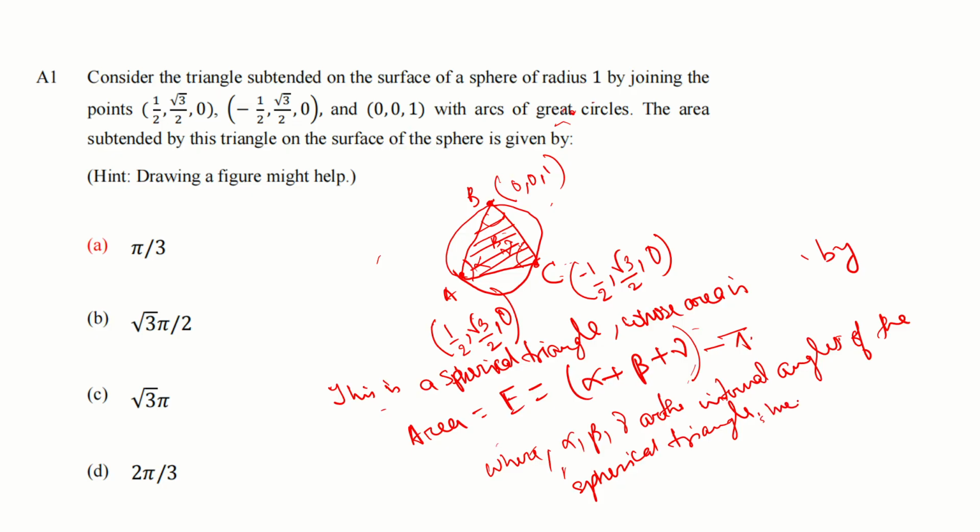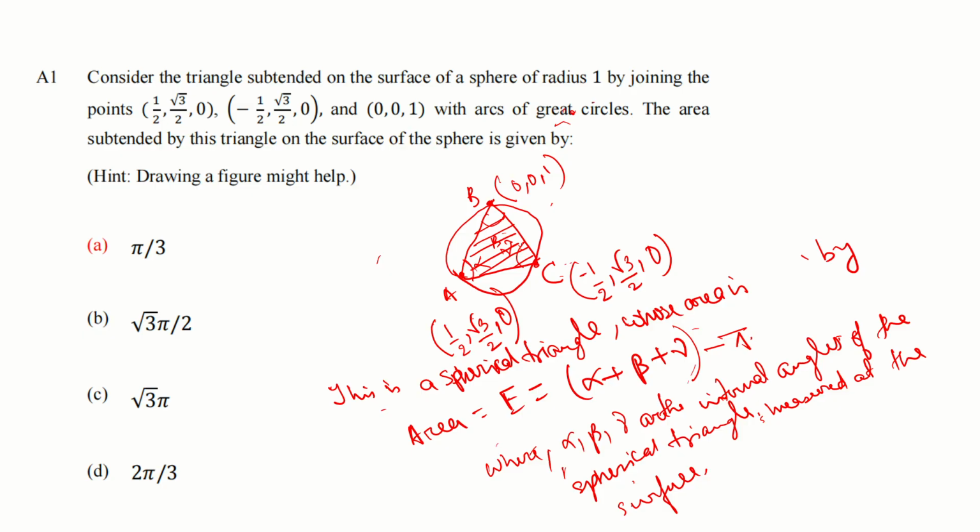Measured at the surface, right? So first we need to compute the angular distances between each pair. Next we need to compute the internal angles using the spherical law of cosines. Then we will sum all the angles and subtract pi.